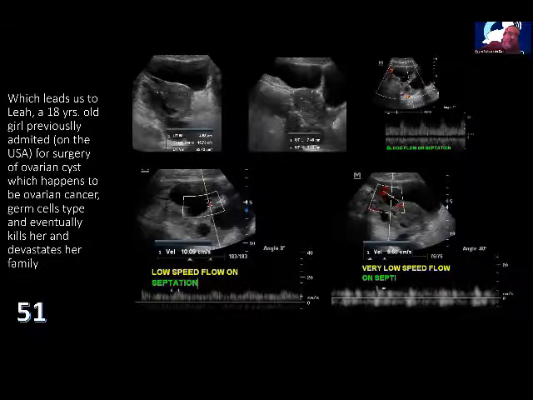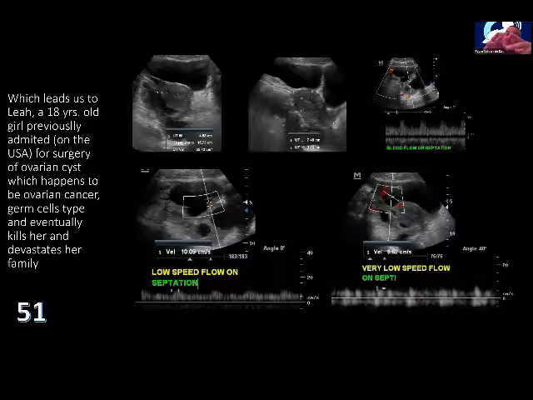And she's Leah. Leah was managed in the United States with conservative surgery due to a complex cyst. At age 18, she had already been diagnosed with a germ cell tumor. I must say, not properly managed. They were too conservative and tried to spare the uterus and the opposite side ovary.